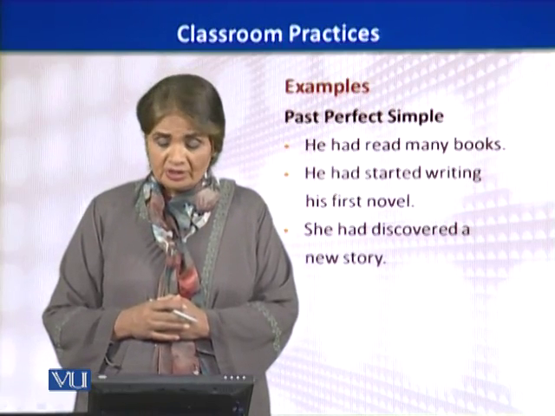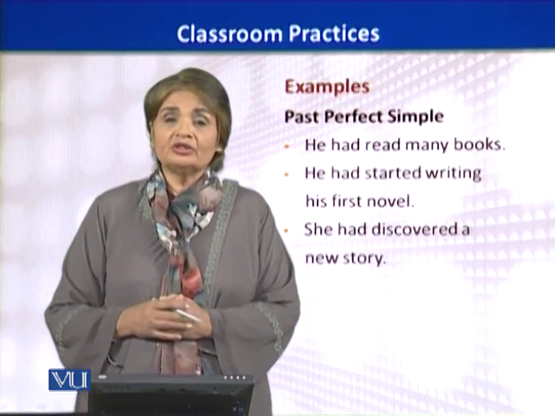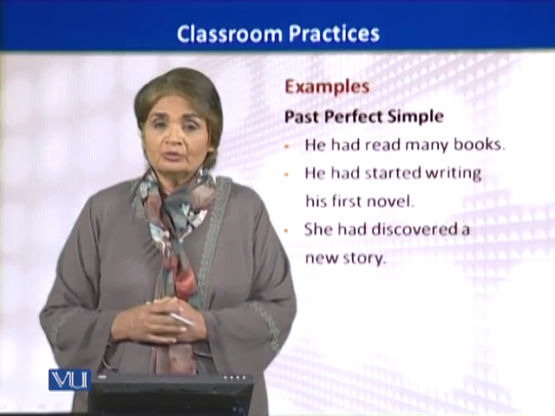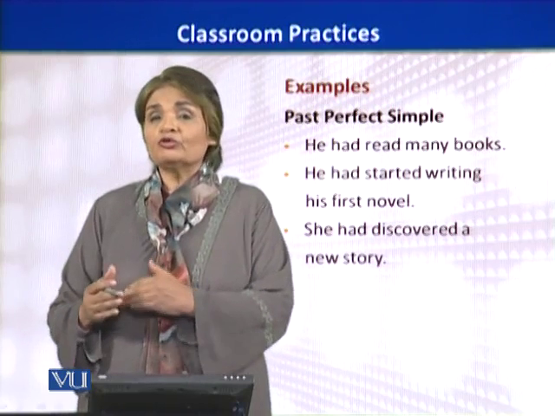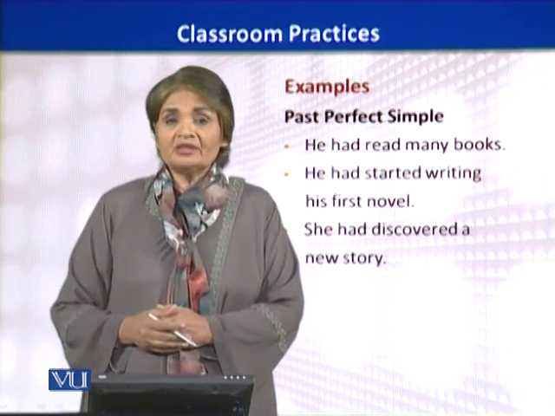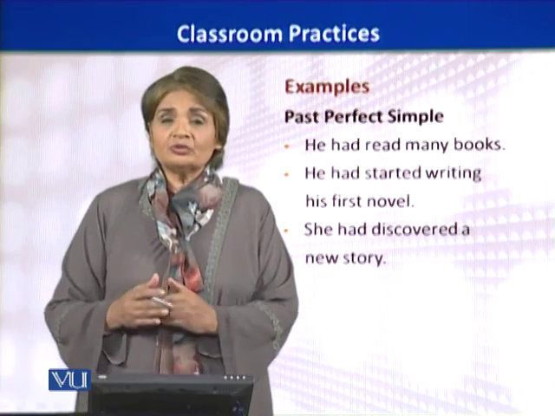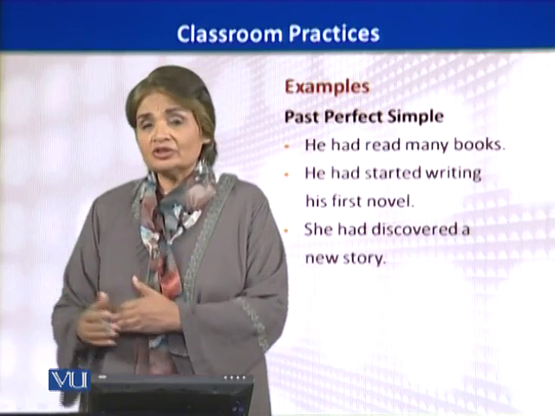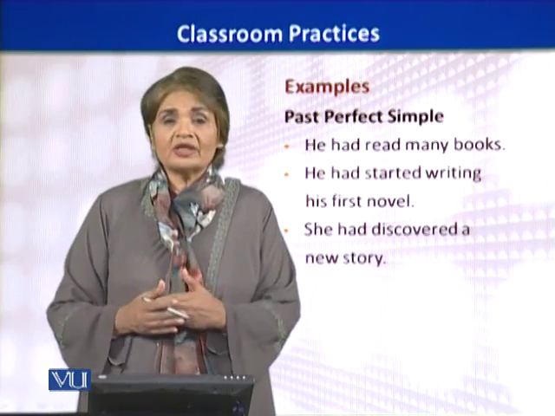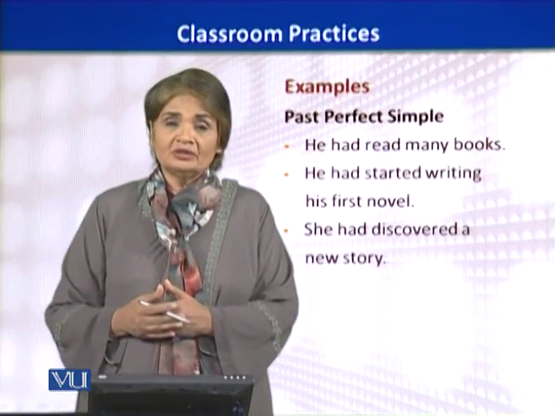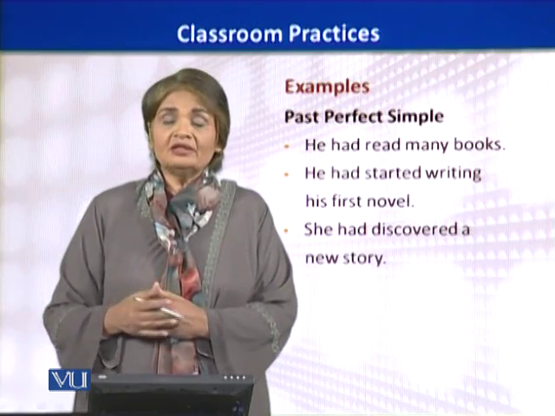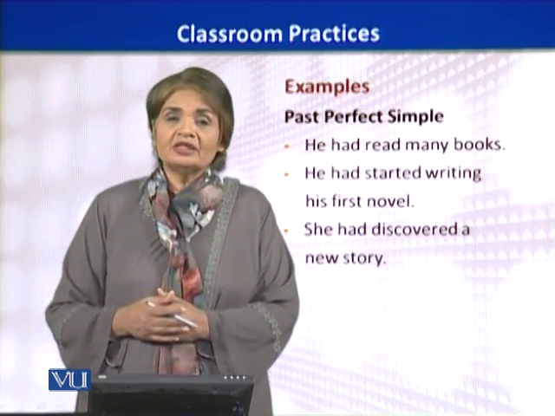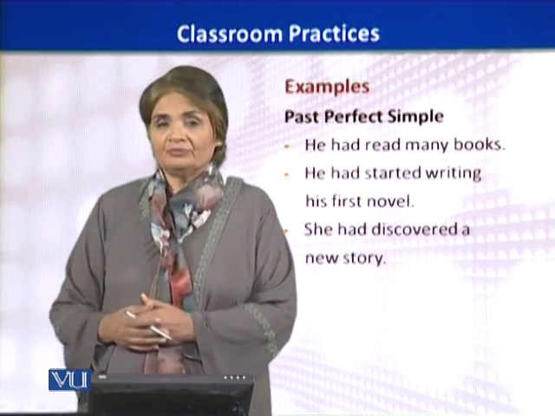We are saying she had discovered a new story in 2004, but we are not saying that this activity continued for some time. It does not show a sequence of events that continued. It just shows a happening of the event, but even if we put the time duration there, still we cannot say it kept on happening.